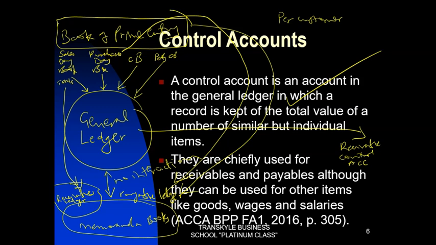When you see a question that talks about a list of balances, you have to know that they are referring to the memoranda books, the receivables ledger or the payables ledger. If you know that principle, then you're home and dry. You're not going to be vexed by any exam.